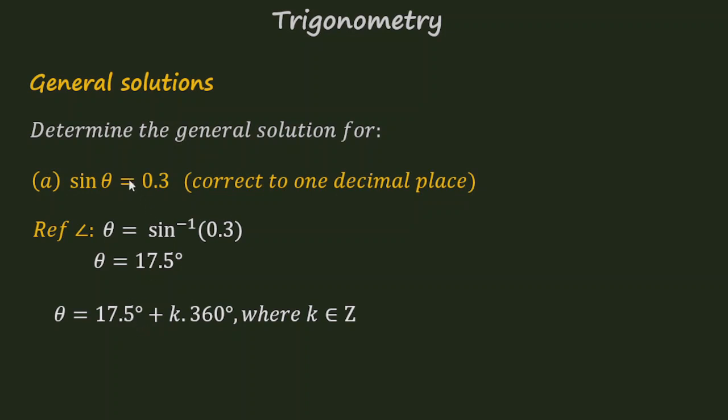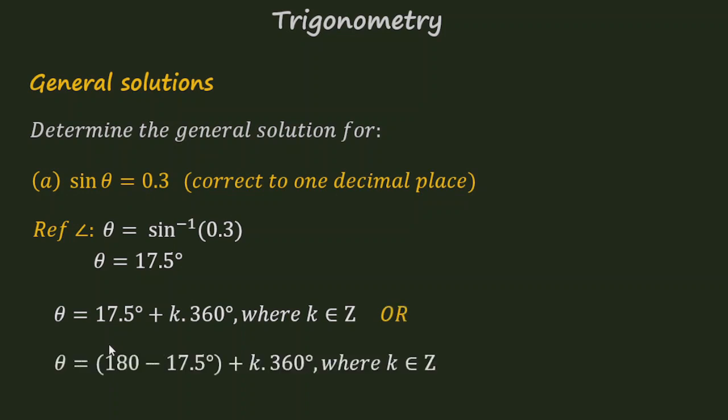But we are interested in quadrants where sine is positive, and sine is also positive in the second quadrant. So in the second quadrant, we will have theta equals 180 degrees minus the reference angle plus k times 360 degrees. Remember, 360 degrees is the period of the sine function.